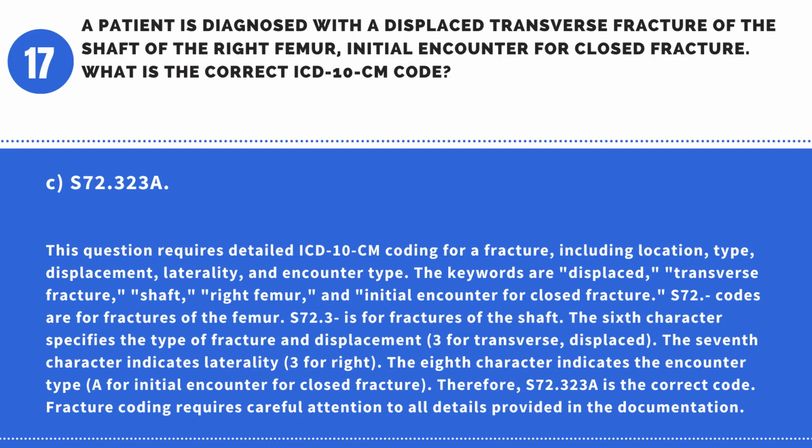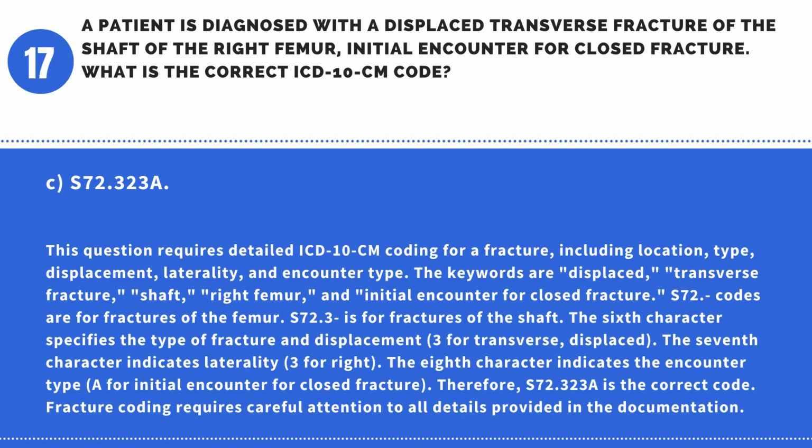Answer, C. S72.323A. This question requires detailed ICD-10-CM coding for a fracture, including location, type, displacement, laterality, and encounter type. The keywords are displaced, transverse fracture, shaft, right femur, and initial encounter for closed fracture.